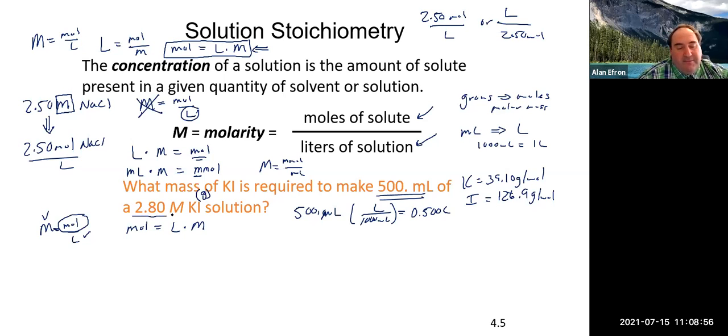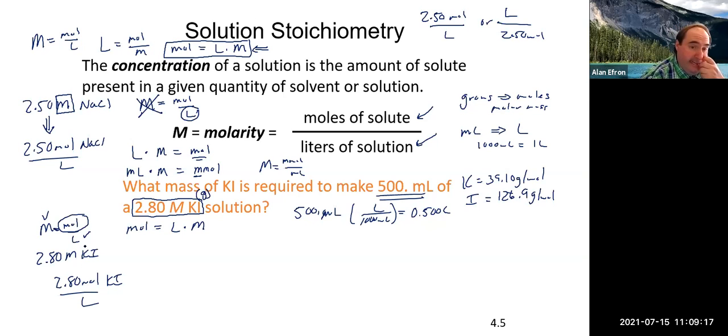Again, as I mentioned before, it's best not to leave it with that big M. And what that basically means when we see 2.8 big M KI, it basically means we have 2.8 moles per liter of KI. And it's best to kind of use it like that, do it as a dimensional analysis sort of problem.